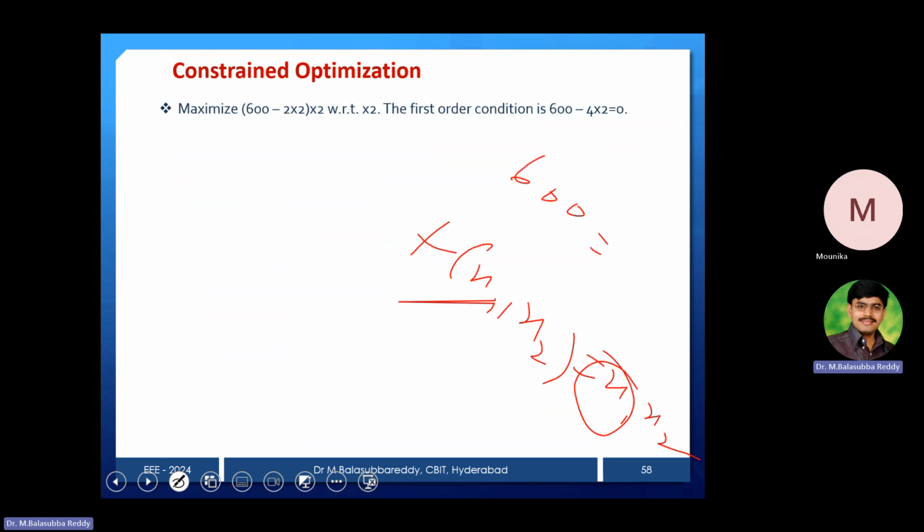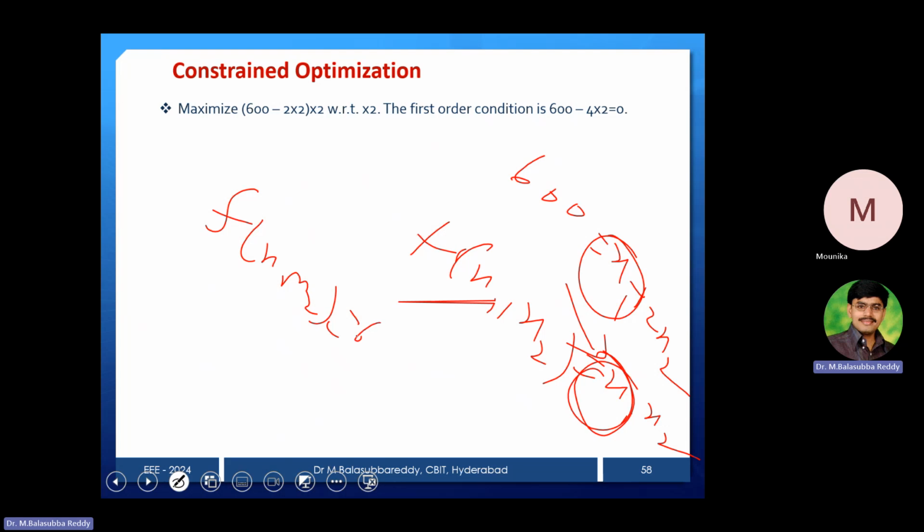So the 600 is nothing but x1 plus 2x2. Now I replaced wherever x1 is there with this. Therefore f of x1 comma x2 is equal to 600 minus 2x2, times x2. So in that case, we can solve the problem as well.